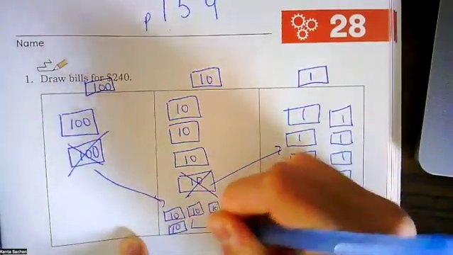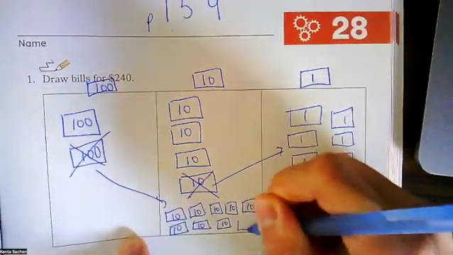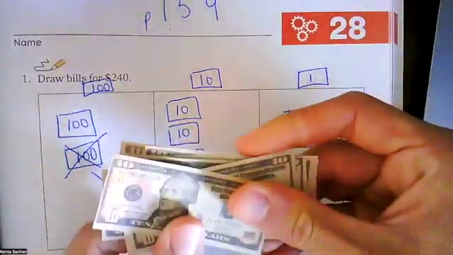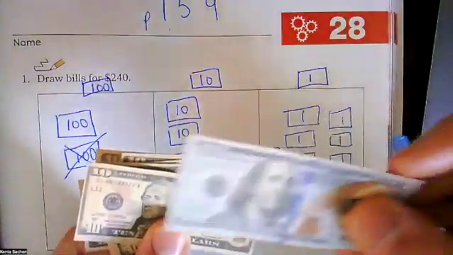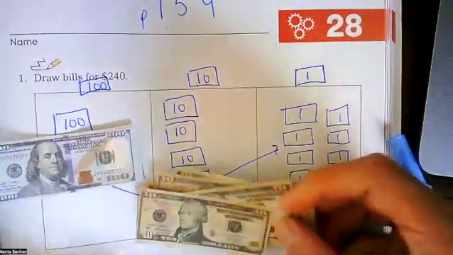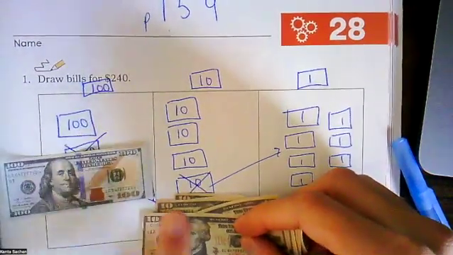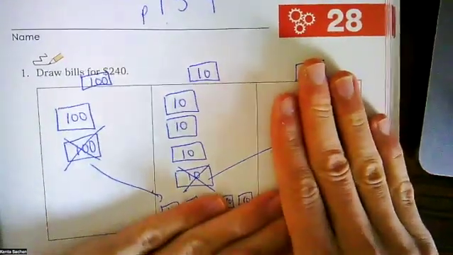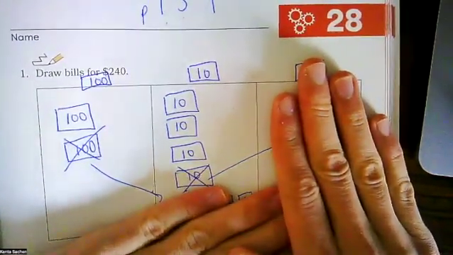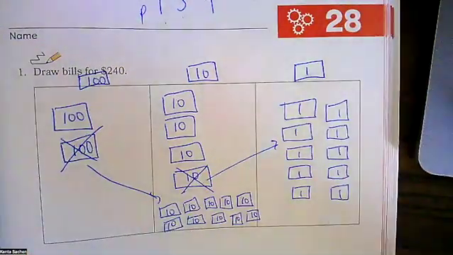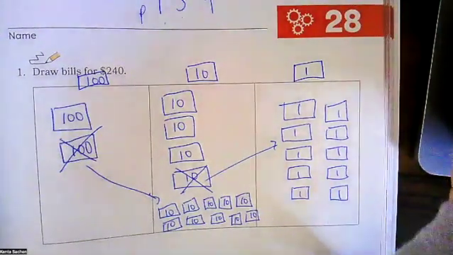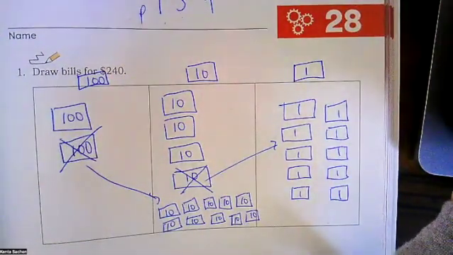Because 10 $10 bills, like we talked about earlier, is the same as one $100 bill. It's the exact same. So the way that we did it was the easiest way to write $240, but you can use different combinations. So I want you to try exploring that as you go through the other problems.